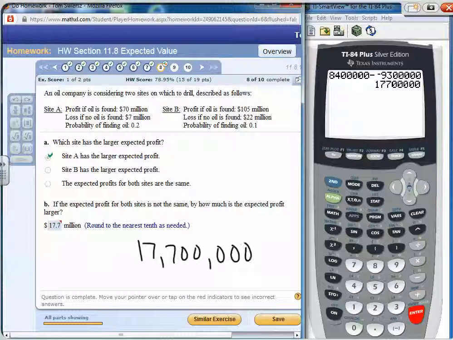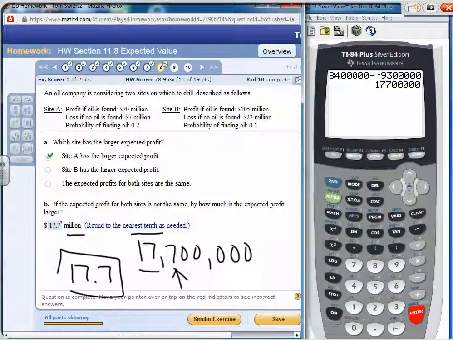It says it's already in millions and rounded to the nearest tenth, so there's a zero, so it would be 17.7. So my mistake, I didn't round it correctly to the nearest tenth, and I didn't put it in millions. So make sure you read it carefully here. Don't make the same mistake I made so that you get it right. So 17.7. We did get the right answer, just didn't round it.